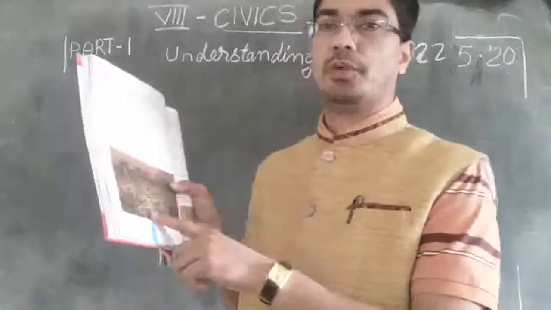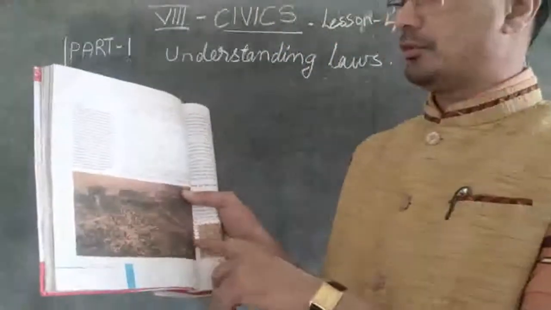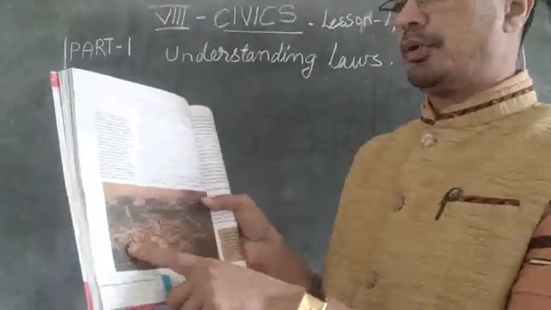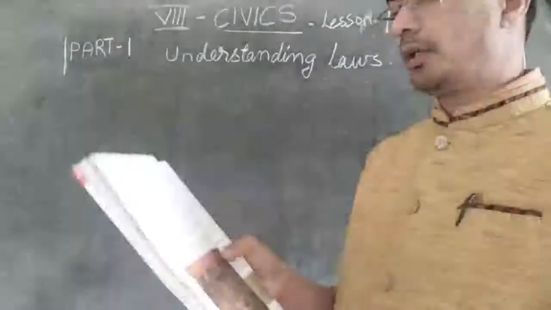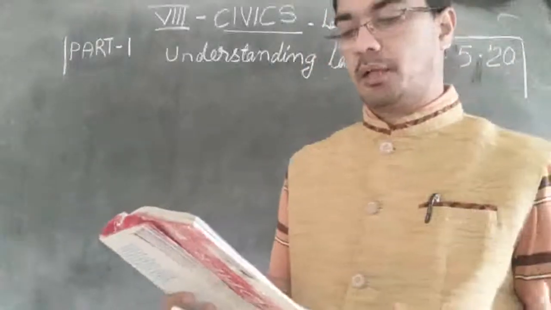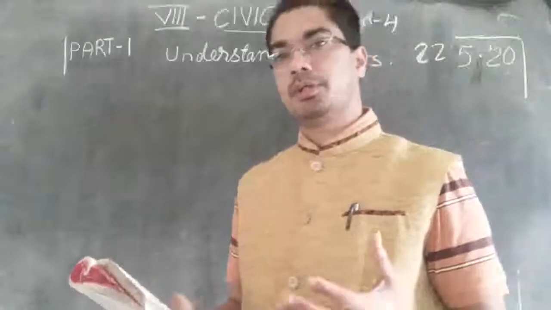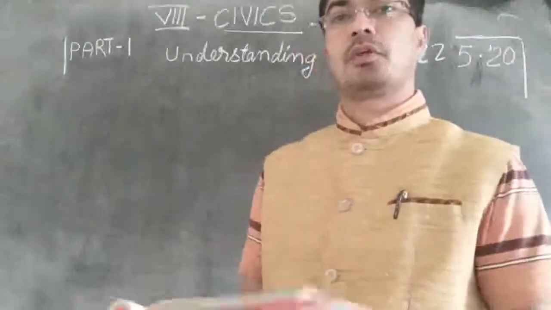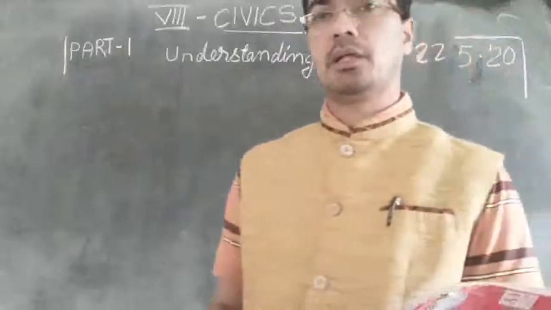You can see in your picture that the army is here with their guns, and the people here are dead and on the ground. It is a painting by an Indian to show how the people were affected, how the British killed the people, which is called the Jallianwala Bagh massacre. Mercilessly they killed the people.